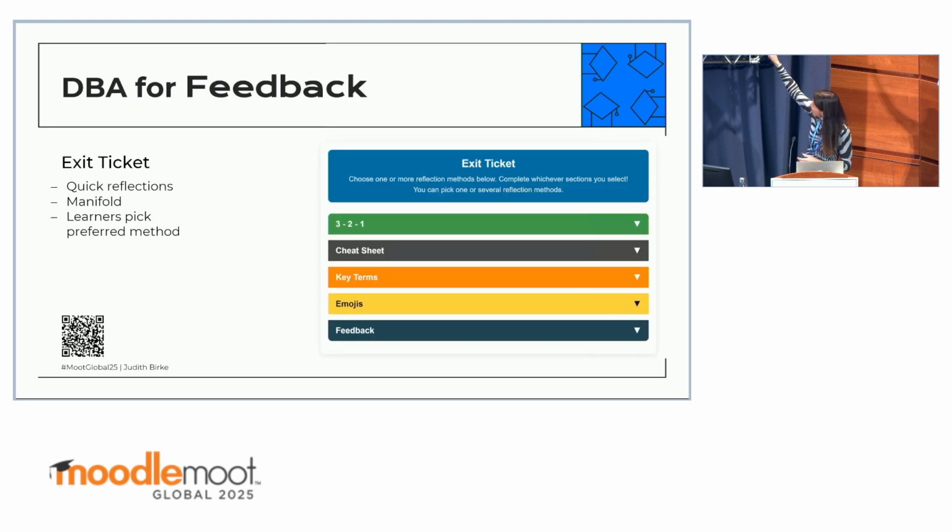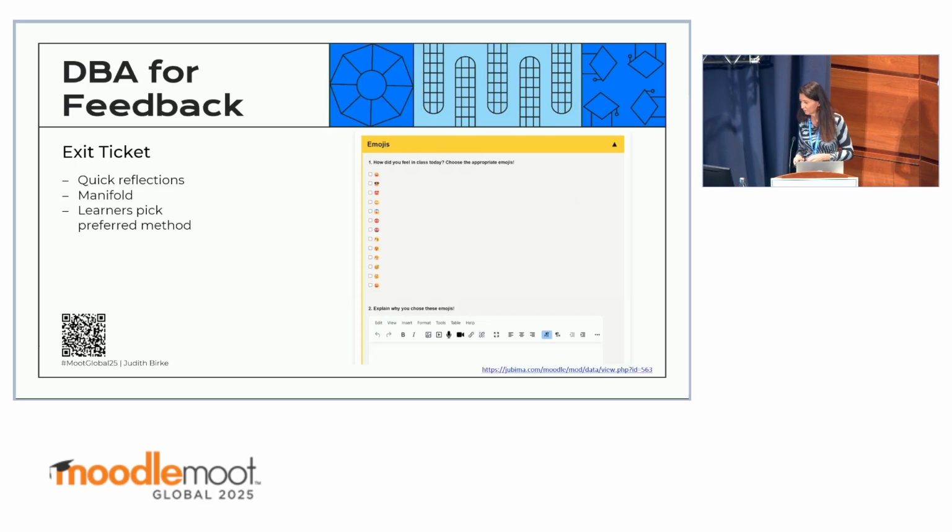There are different types, like you can ask them to enter the key terms of this session, or create a cheat sheet, or use emojis to give you feedback. They would tick different emojis. They can add some text at the bottom. And then you, as a trainer, would have all their reflections, their thoughts, their feedback at one place in your database activity.